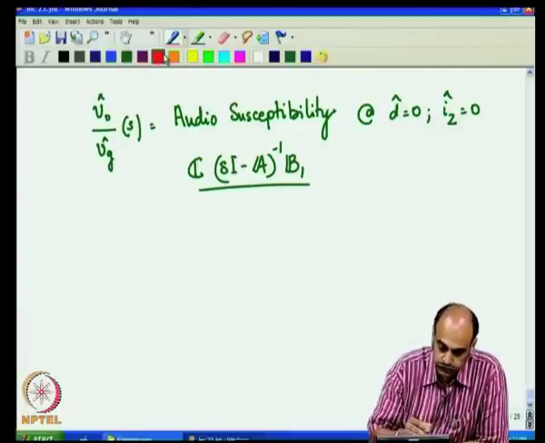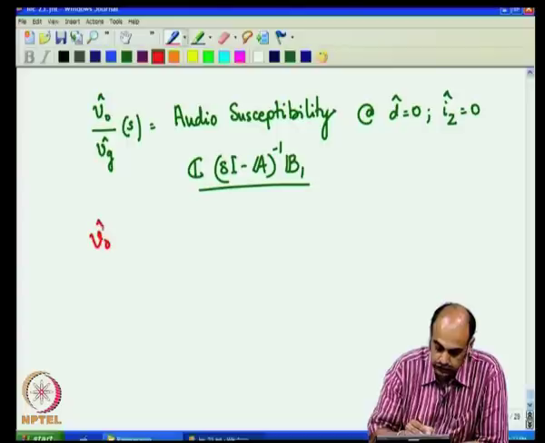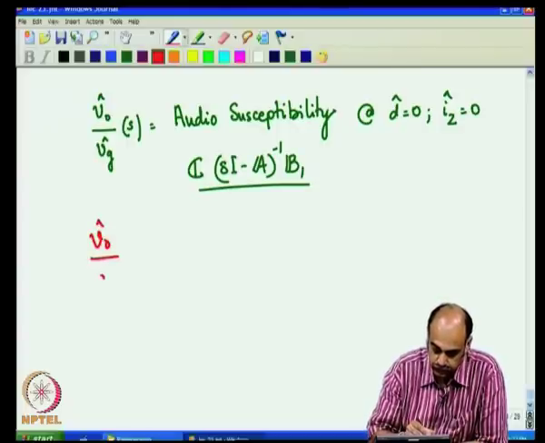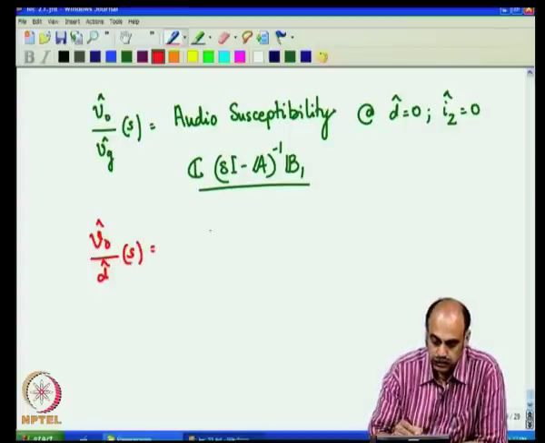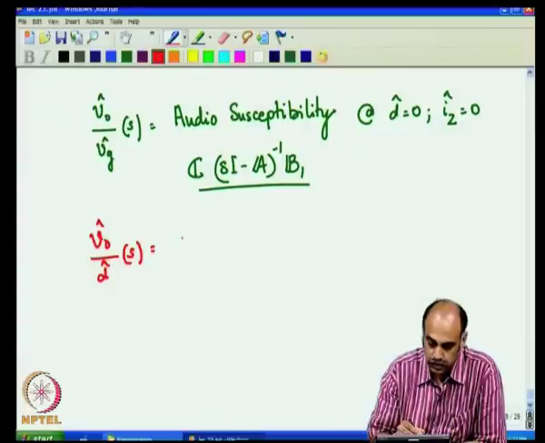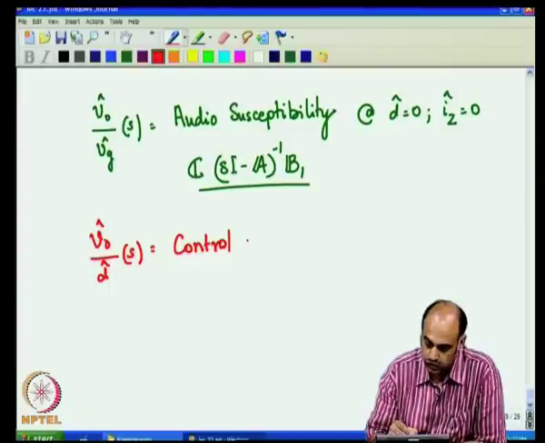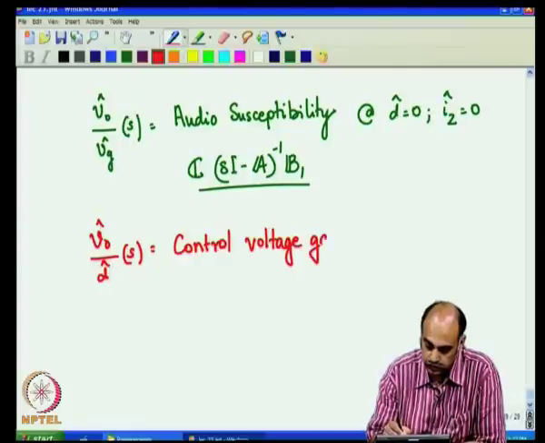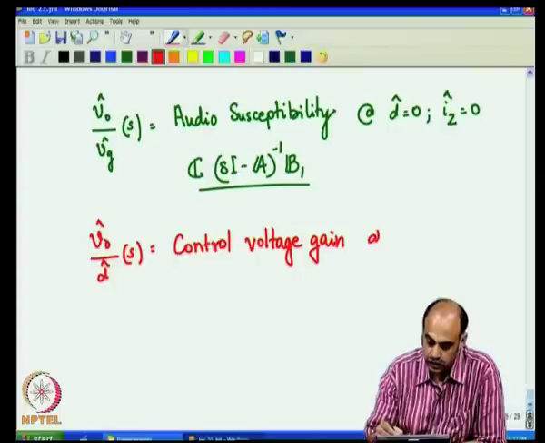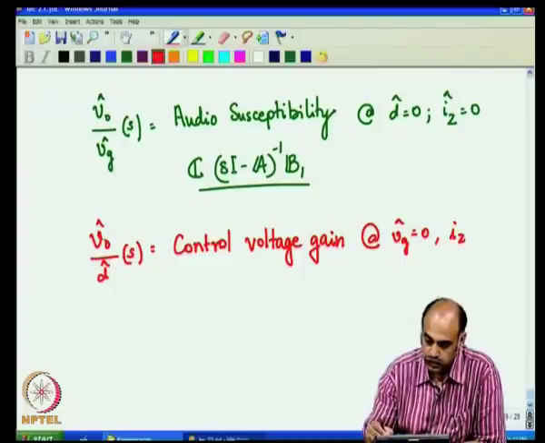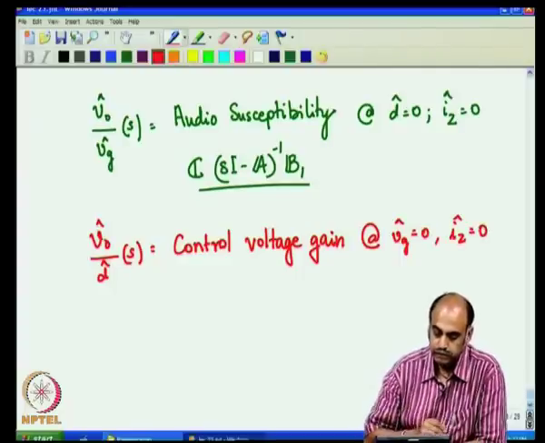You have another transfer function. This is the control voltage gain at Vg hat equal to 0, Iz hat is equal to 0.